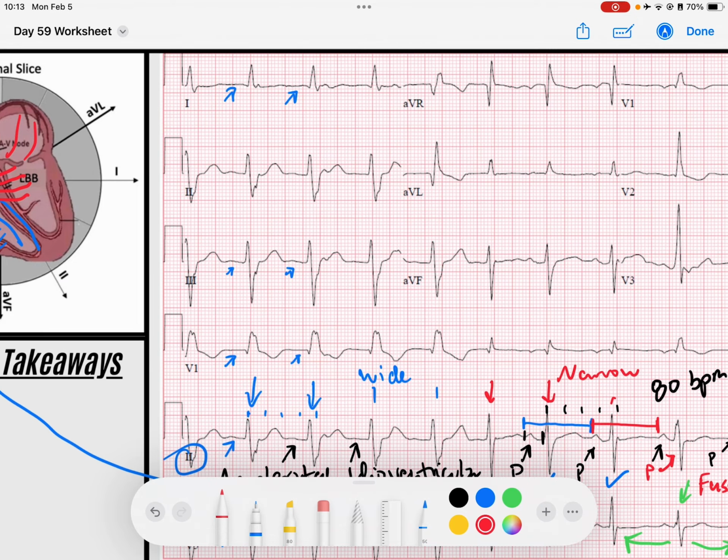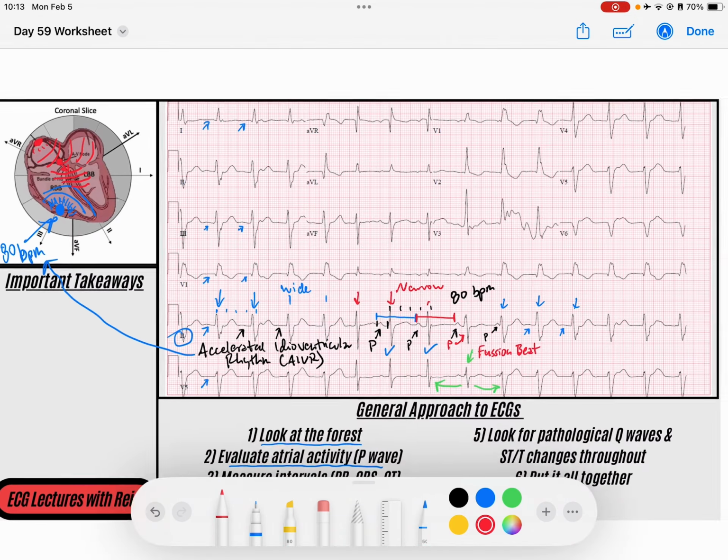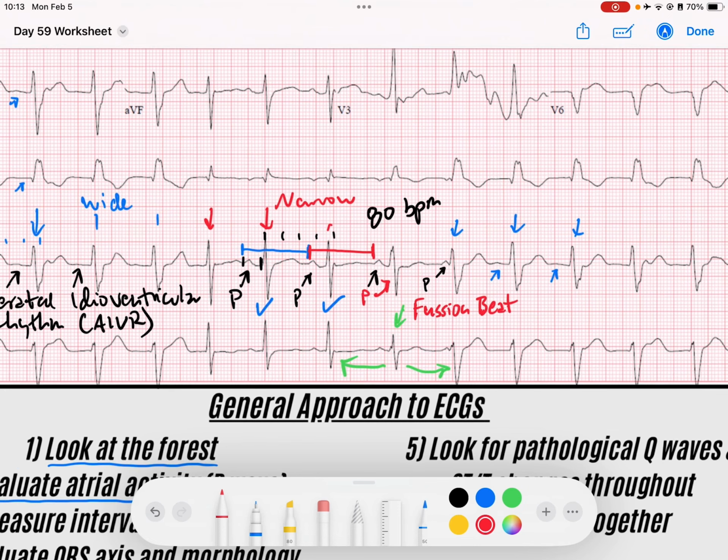And so you essentially get a fusion of those two complexes in this hybrid type of beat. It's a fusion beat. And then we see the resumption after the fusion beat of the accelerated idioventricular rhythm.